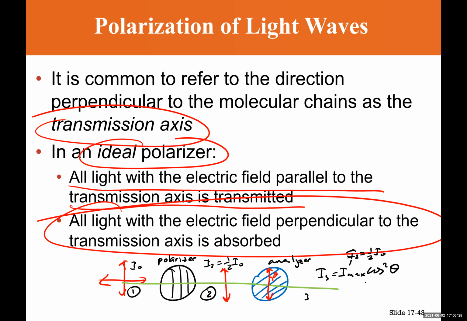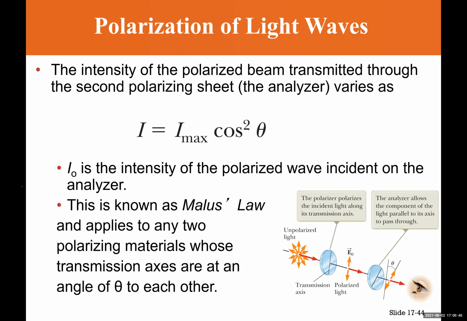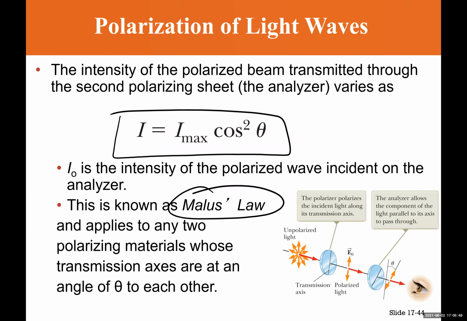We can see that when my transmission axis is perpendicular to the light, theta is 90, and cosine of 90 gives you 0. But if it's not 90, say 30, 40, or 60, then some fraction of the light still goes through. That equation is known as Malus's law. Malus's law gives you the intensity of the light after the analyzer.